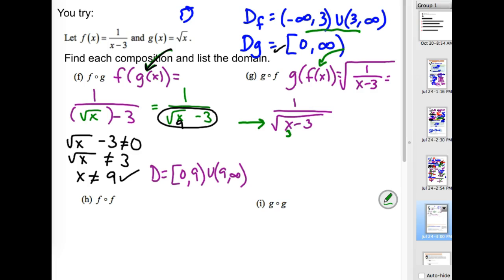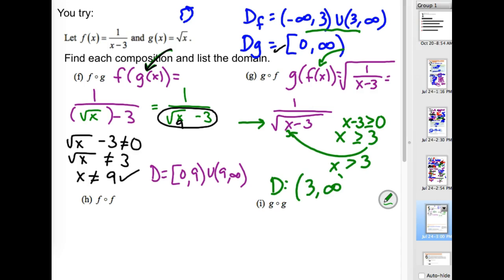But we also need to make sure that it's going to be a positive value. So x minus 3 can't be negative. So we have x having to be greater than or equal to 3. But because 3 would make this 0, we have to restrict this to x being strictly above 3. So my domain here would be everything above 3.